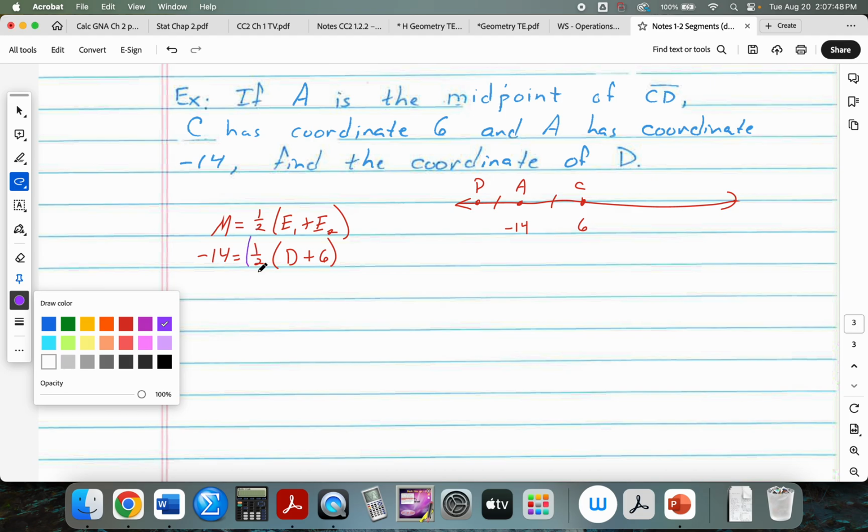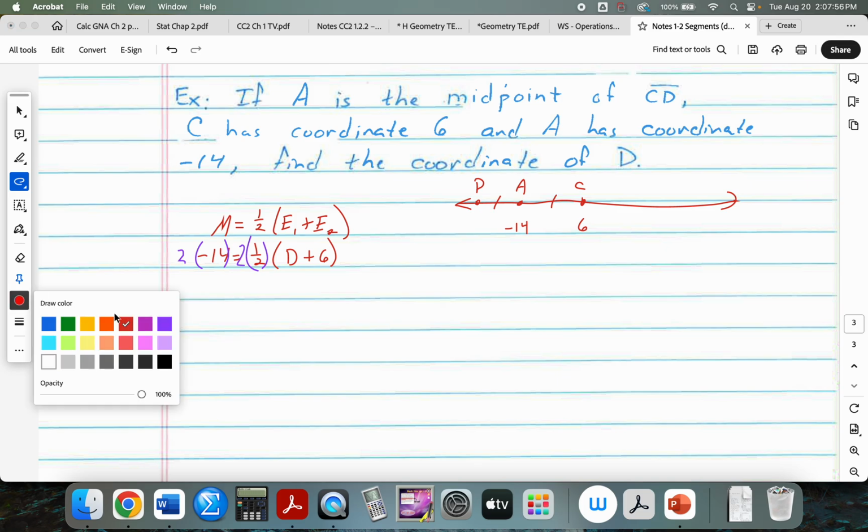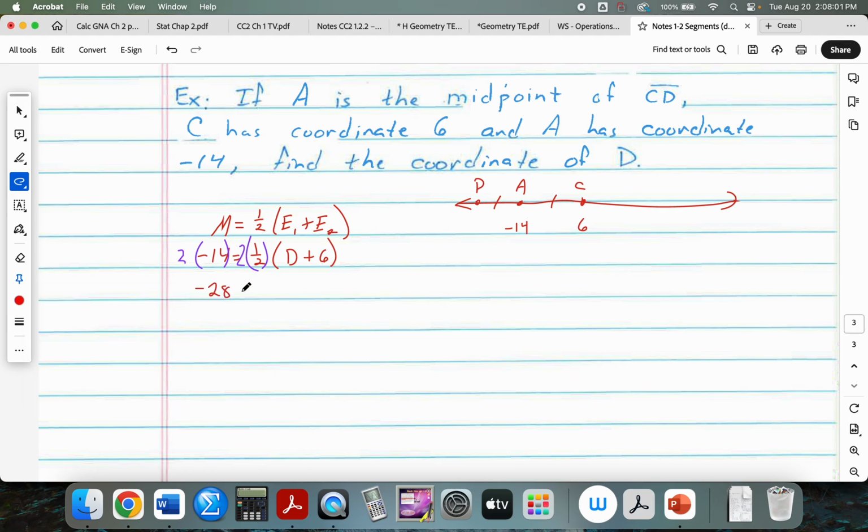I'm going to multiply both sides by 2. When I do that, here I get negative 28. The 2 times 1/2 multiplies together to be 1. So I'm just left with D plus 6. Subtract the 6 from both sides, and we get negative 34 is D.